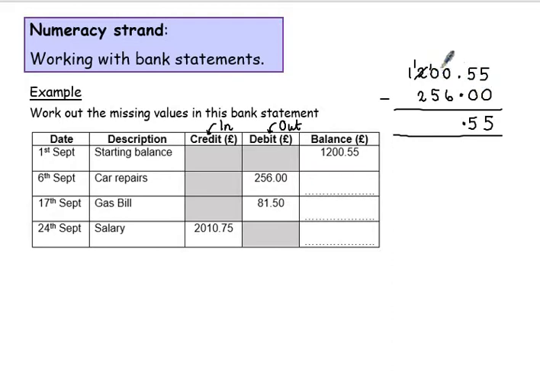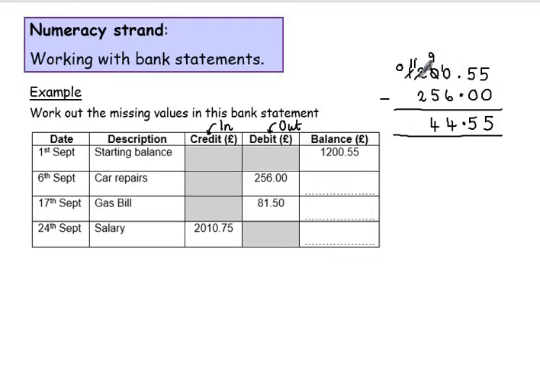Now you can see we have 10 tens, so now we can borrow 1 from the 10, which goes down to a 9, and give 1 to the units column. So we now have 10 take away 6 is 4, 9 take away 5 is 4, 1 take away 2, we can't do that because the 2 is bigger, so we need to borrow from this 1 here, that's going to go down to a 0, and give that 1 here.